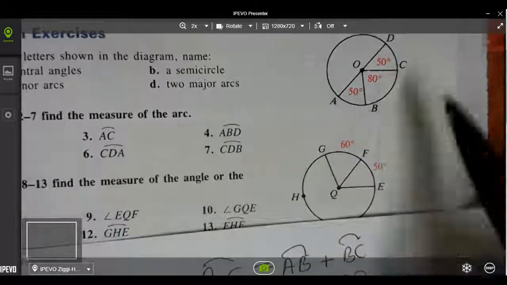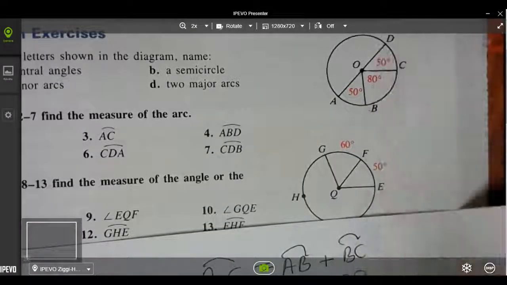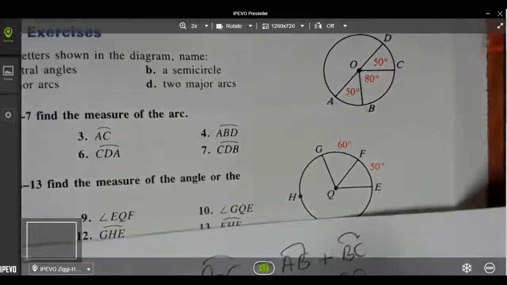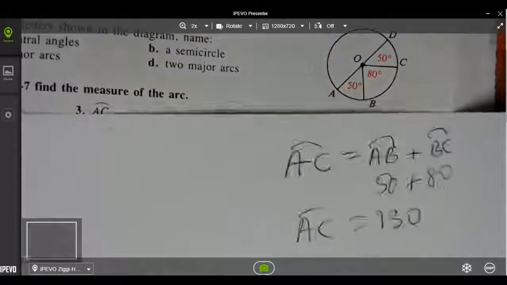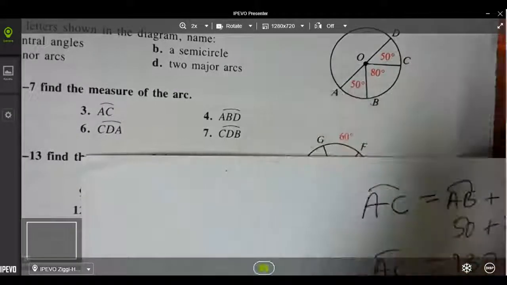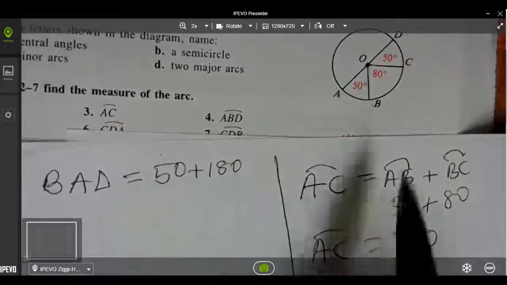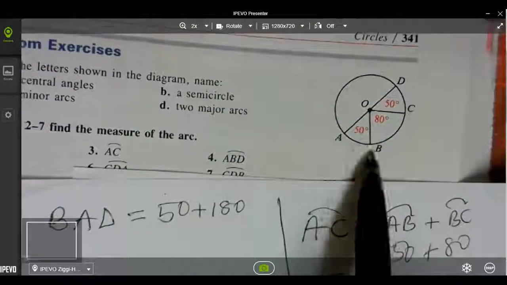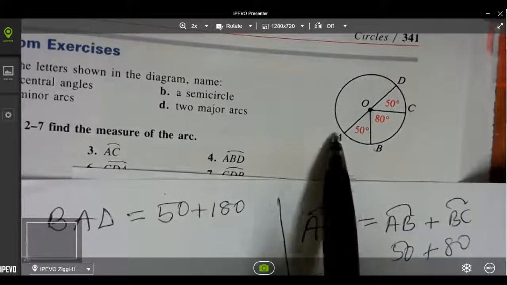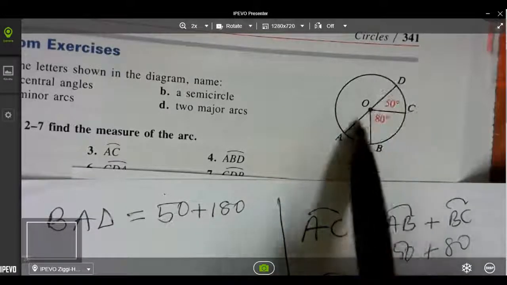Okay, let's look at BAD. BAD is going to be the measure of AB plus this 180, because this is the semicircle.